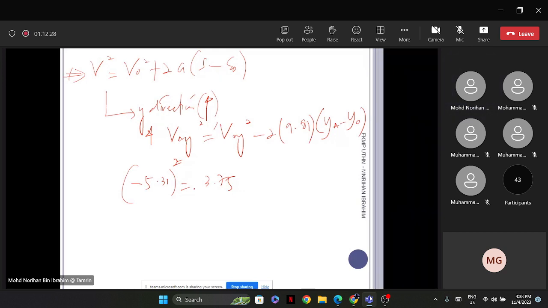So minus 5.31 to the 2 is equal to 3.75 to the 2 minus 2 times 9.81 times (YA minus 2.1).